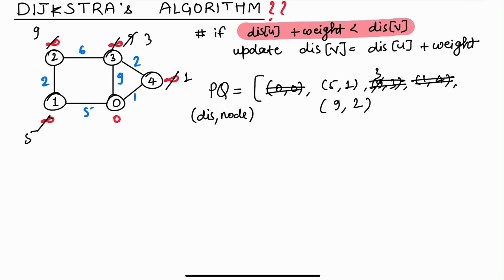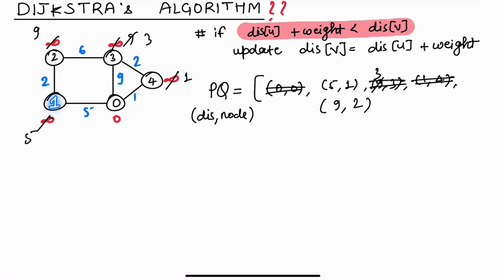And now we will pick another node with shortest distance, and here what we see is 5, 1. So 5, 1, the node is 1. From 1 where we can go? We can go to only 2. We can go to 0 as we pop the 0.